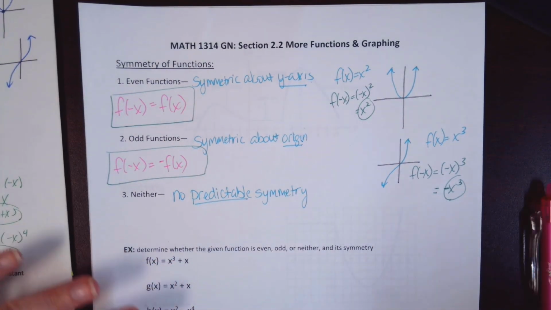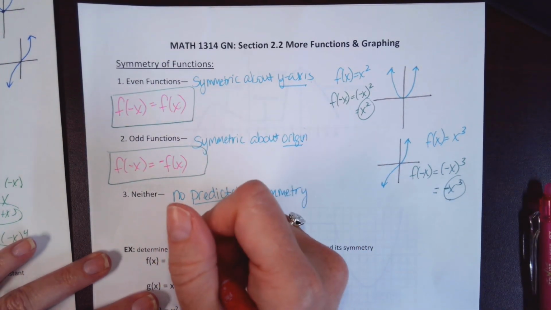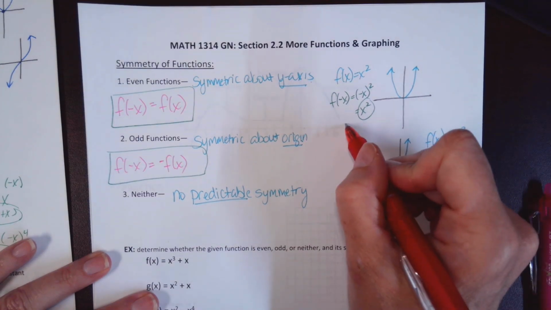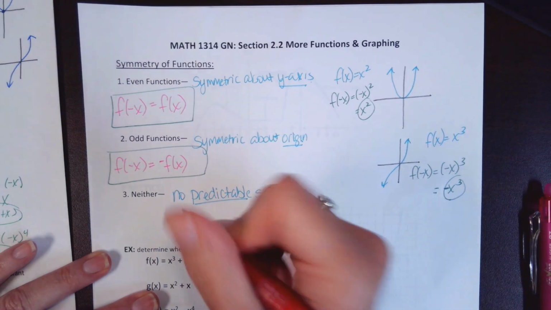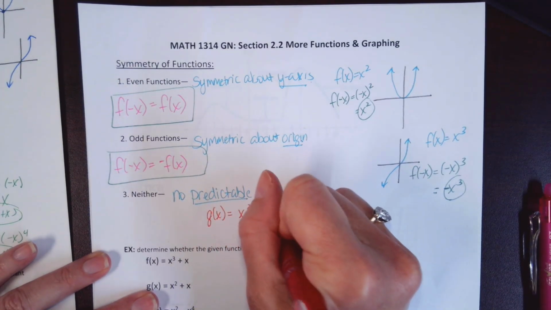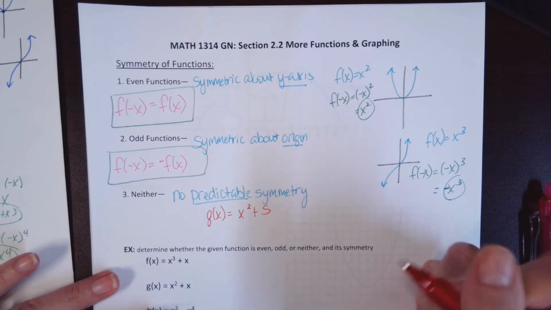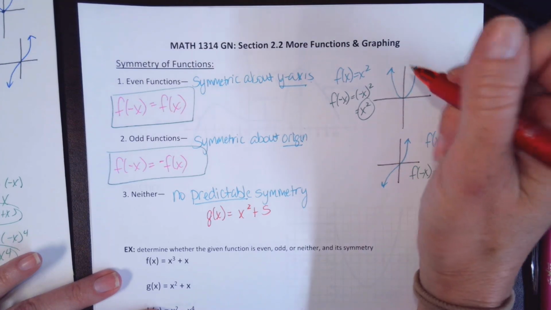Let me pick a different color altogether. Let's go back up here. Let's say we have a squared function, but not the parent function. Let's say we have g of x is x squared plus 5. Well, we've moved it up. That's still going to be even.